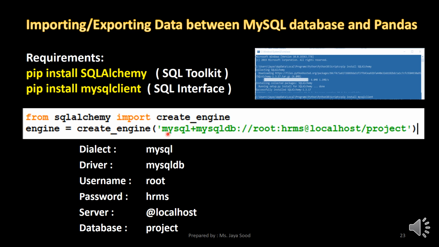The dialect is mysql plus the driver is mysqldb, then the default user name for MySQL is root, the password that you have set during the installation of MySQL, we are assuming it to be HRMS, @ the server name, which is by default localhost, / the database name in which you want to work.